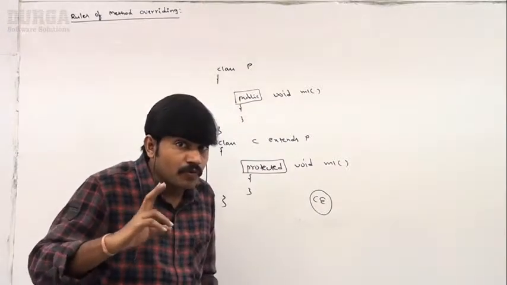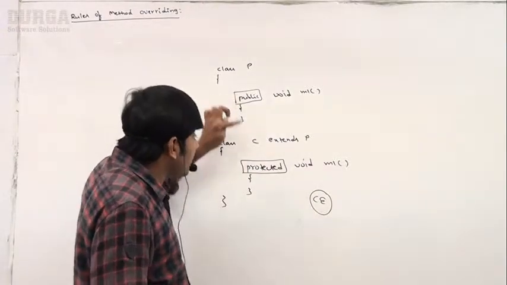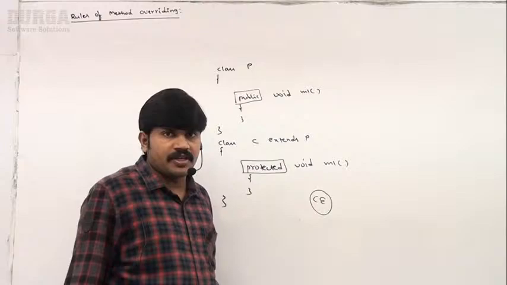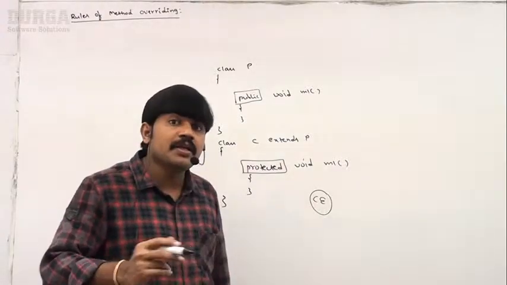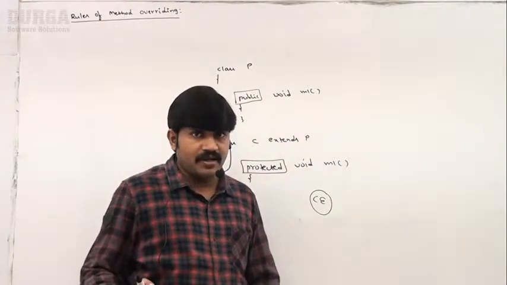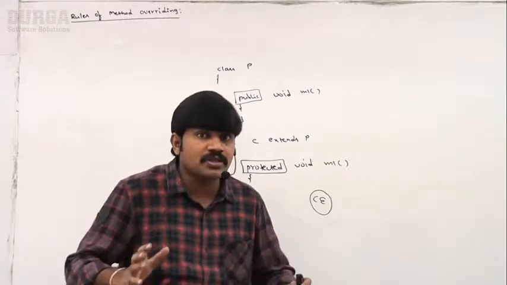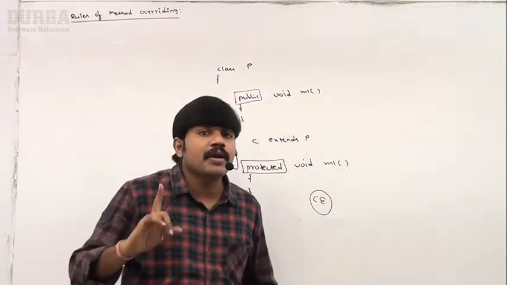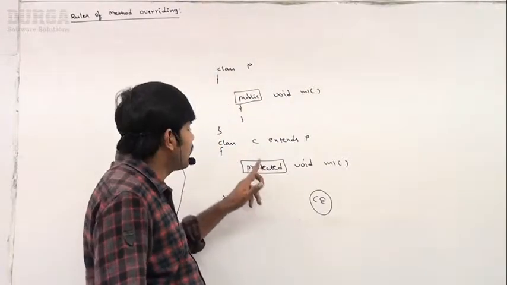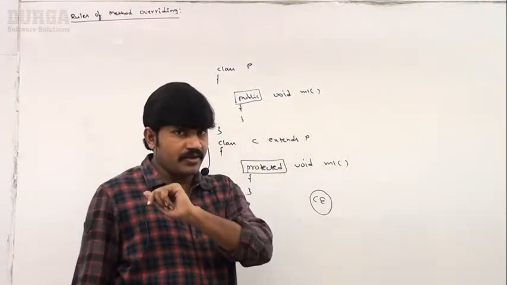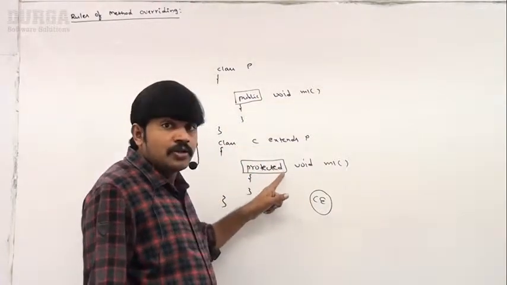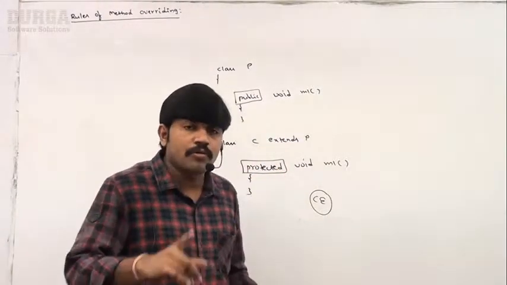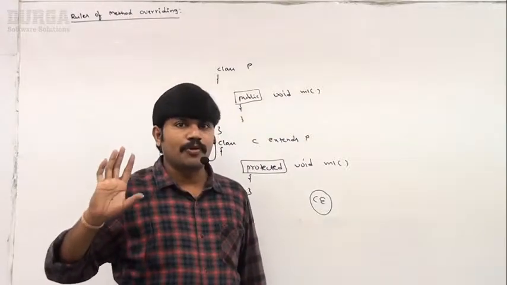While performing overriding, we can't reduce the scope, but if you want, you can increase the scope, no problem at all. If you try to reduce the scope, immediately we are going to get an error. Are you getting the point? So we can't reduce the scope, but we can increase it.